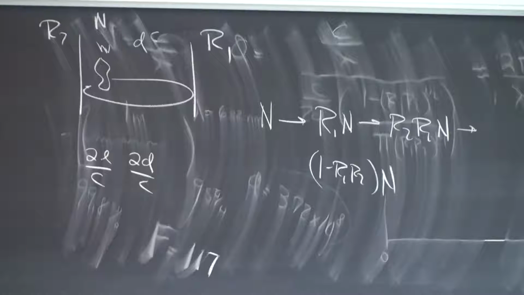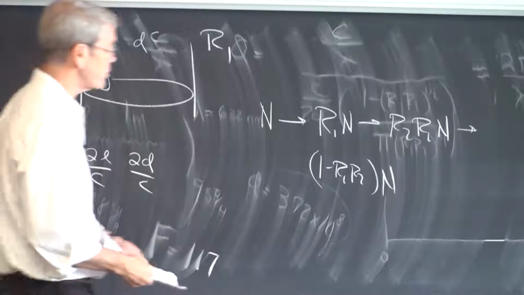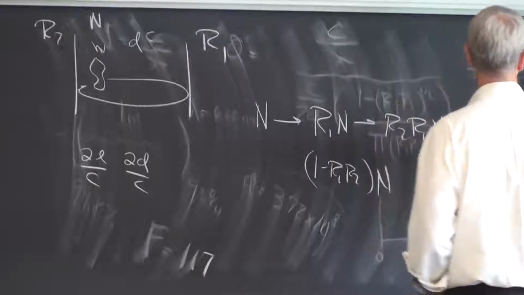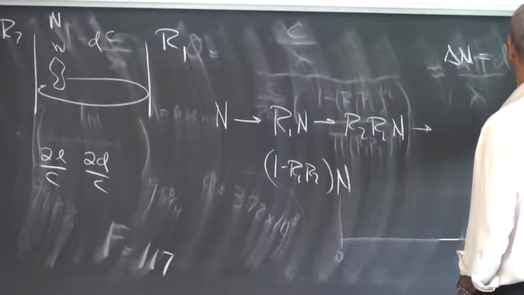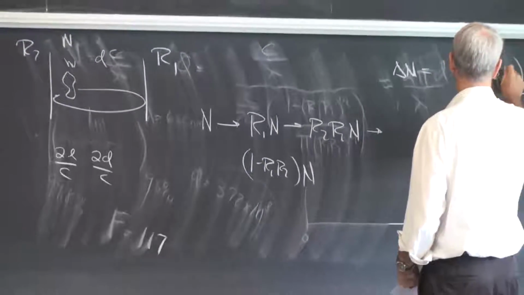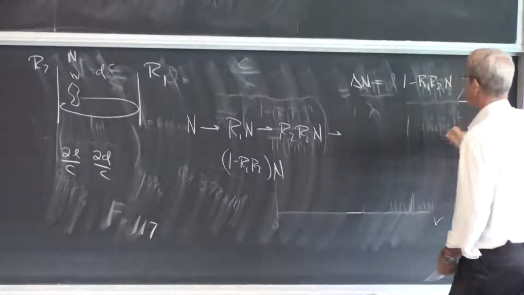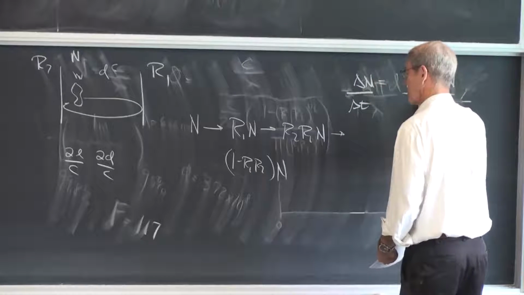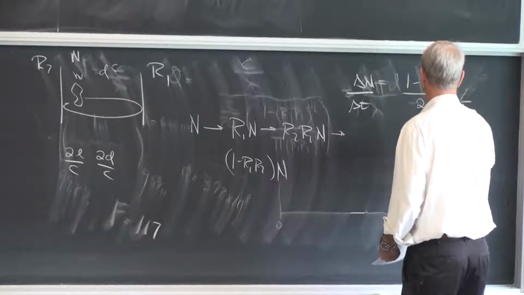So it's just the distance I traveled divided by the velocity gives me the time. So I can quickly put together a delta N equals (1 minus R1 R2) N, and a delta t is just 2d over c.